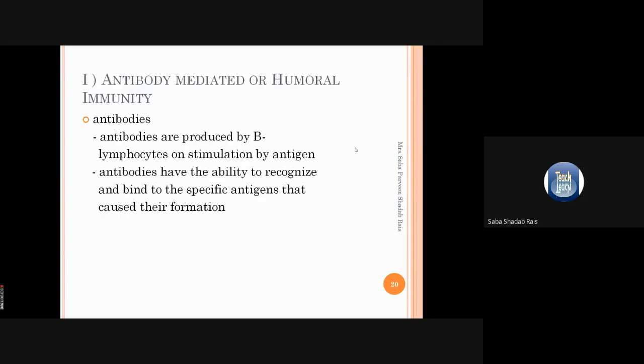So this antibody will lock on, and this antibody can kill that particular microorganism in various ways. The first thing is agglutination. Students always get confused between the terms agglutination, precipitation, and coagulation. These three terms mean formation of complexes, but with a little difference.